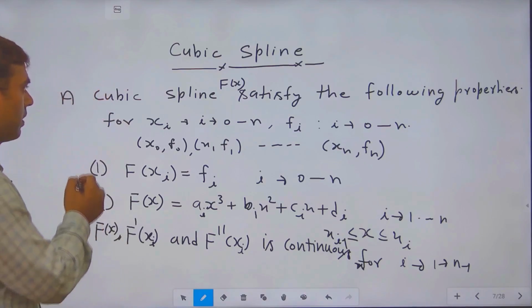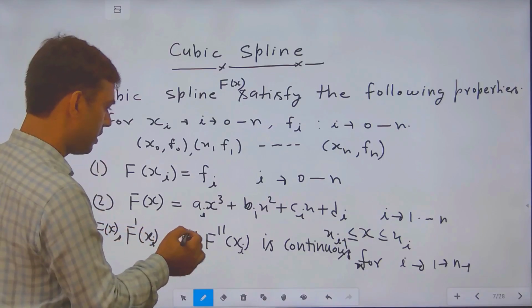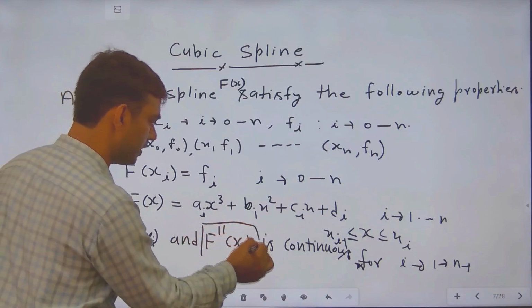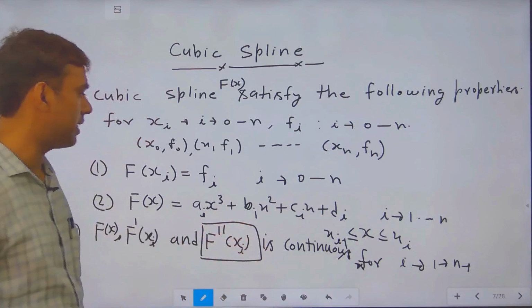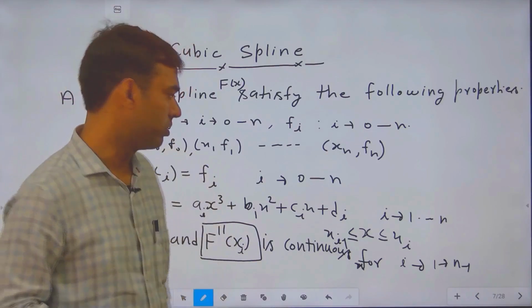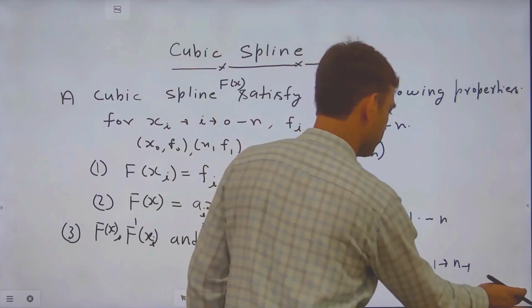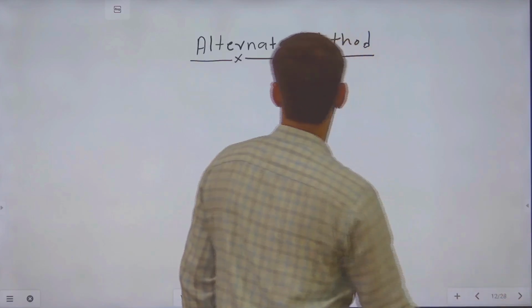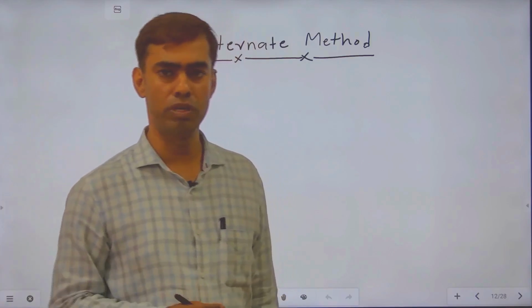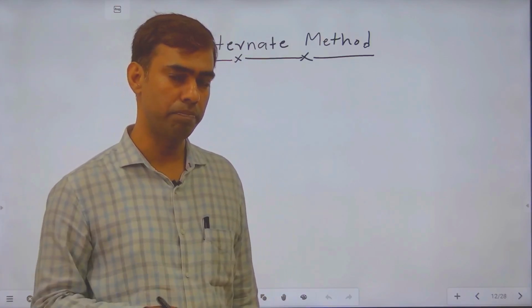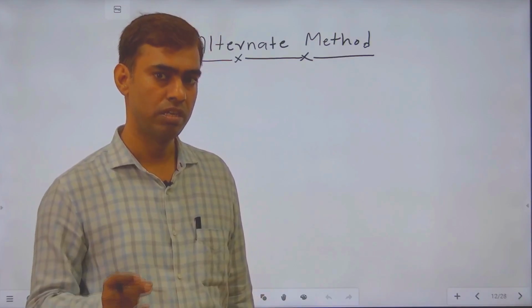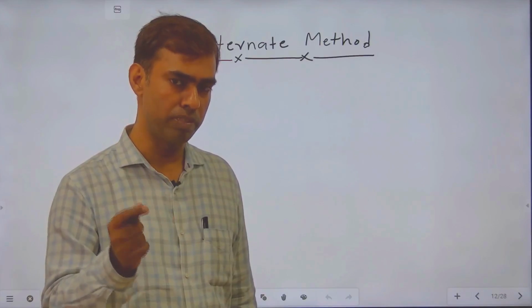So using this property, in the alternate approach, that f double dash x_i is continuous at the internal nodes, we are going to derive a process for how we write a polynomial in a given class interval, and then how we find the unknowns of a polynomial of degree 3.